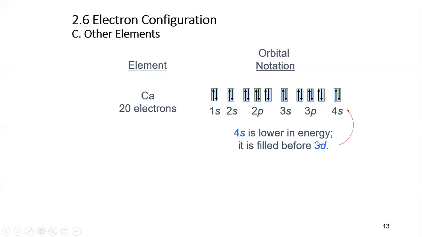And so the 4s is lower in energy than the 3d orbital. And this is for any row you're on. The s orbital is going to be lower in energy than the d orbital with one lower energy level. So 5s is lower than 4d, 6s is lower than 5d, 7s is lower than 6d.